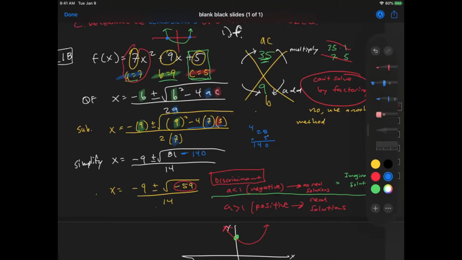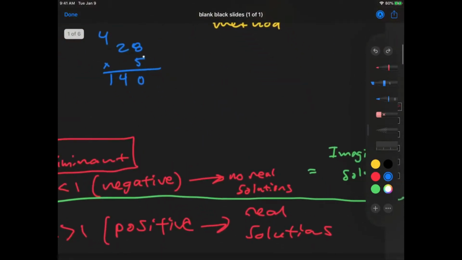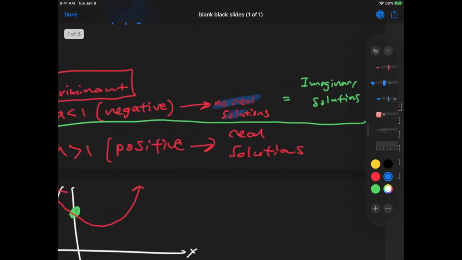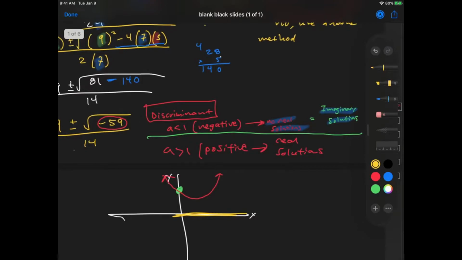So this idea of no real solutions or imaginary solutions, I want you to notice that this does not touch the x-axis. Oops, I meant to do that as yellow. Let's try to make this clear.